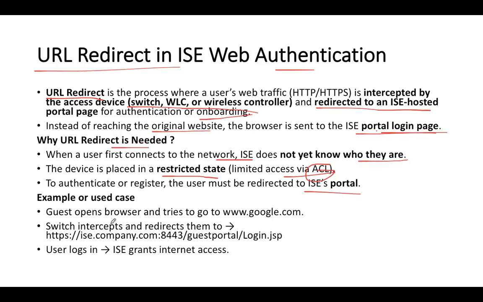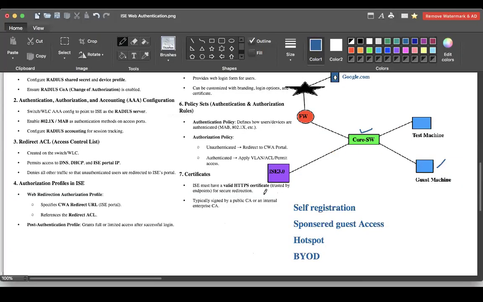A similar example: a guest opens a browser and tries to go to, let's say, www.google.com. The switch intercepts it and redirects them to the ISE guest portal, and then they log in. The user logs in, ISE grants internet access, and finally the user is able to access google.com, right?